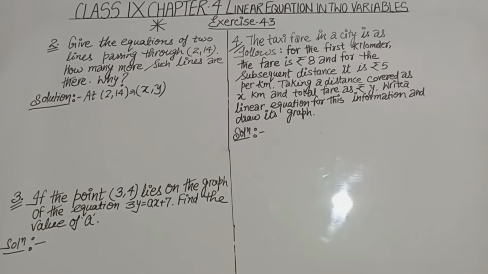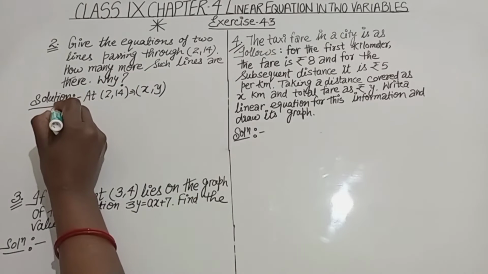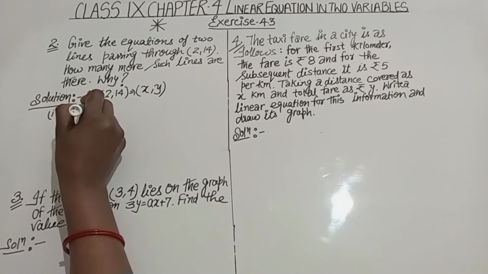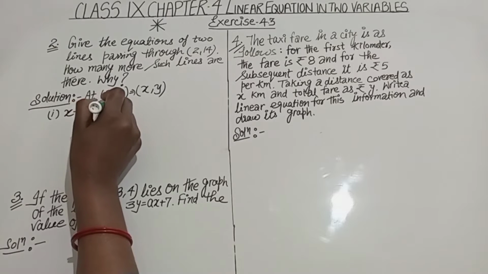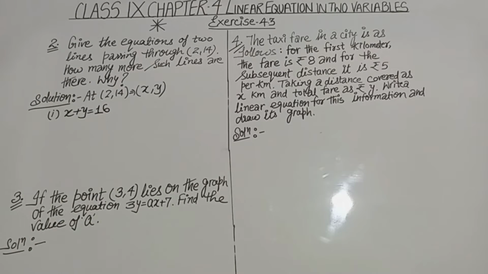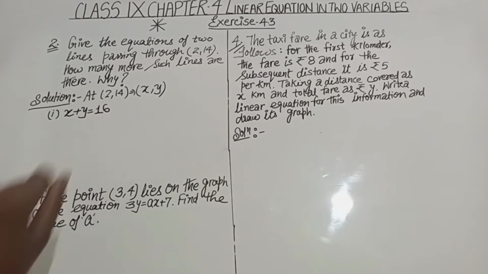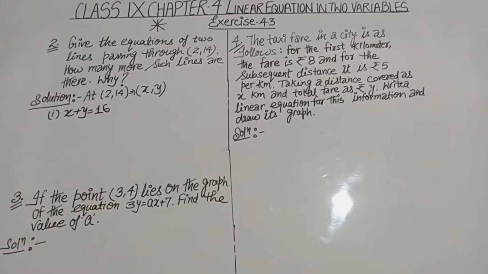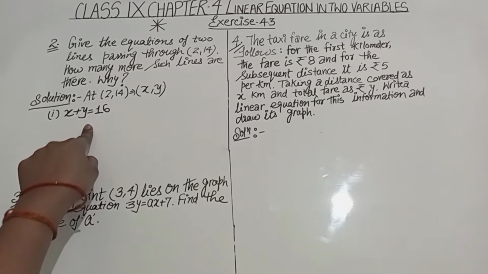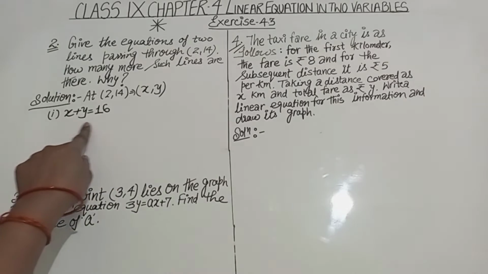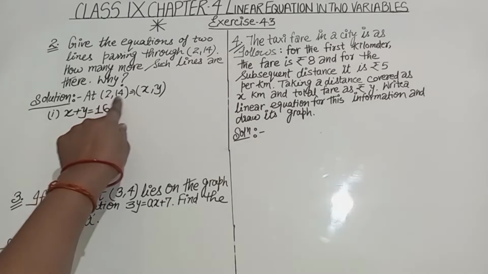So the first line is x plus y is equal to 16. Why? Because x is equal to 2 and y is equal to 14, so 2 plus 14 is equal to 16. So this equation is satisfied by (2, 14).